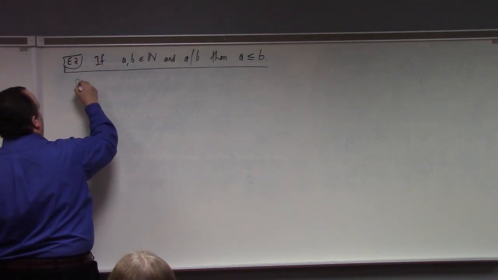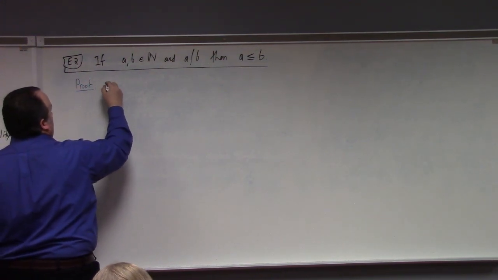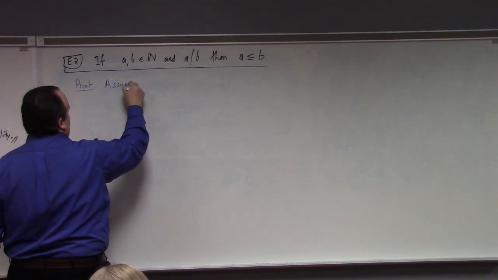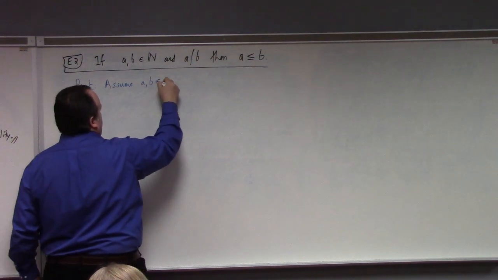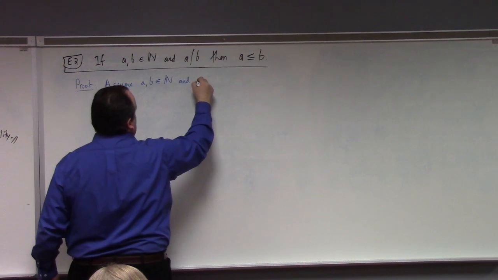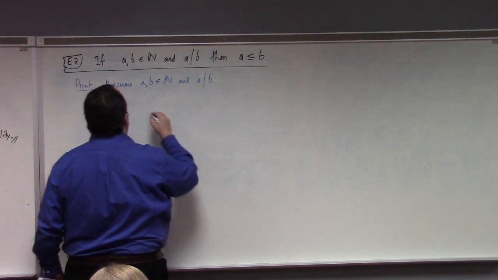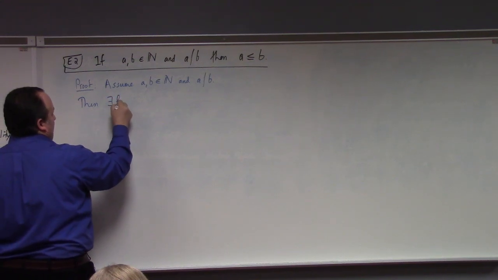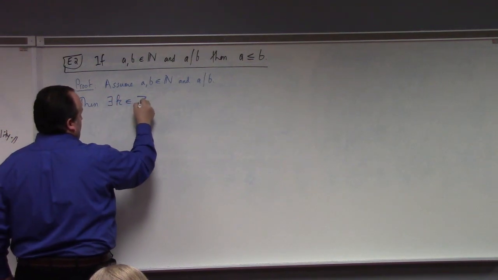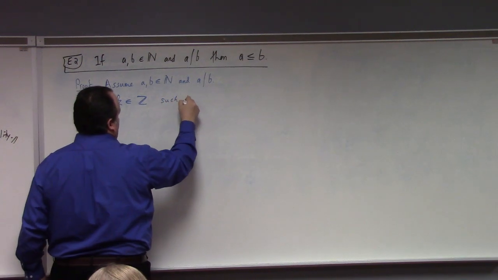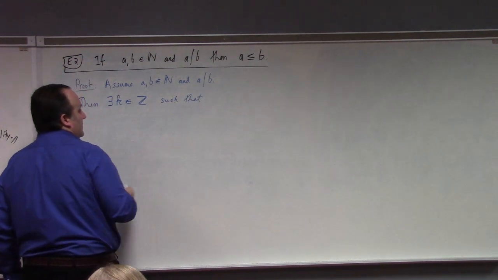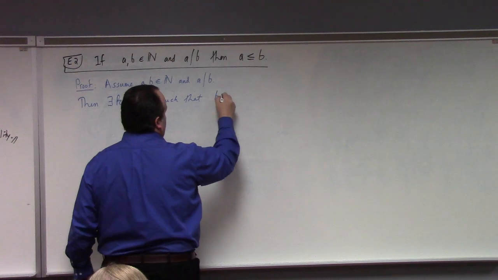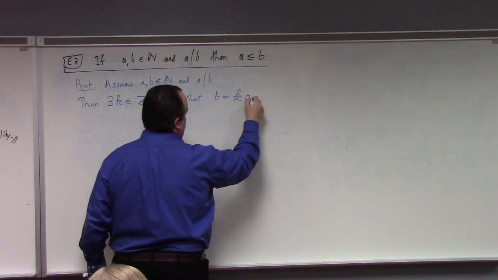The proof looks like this. We assume a and b are natural numbers, and a divides b. Then there exists, let's say, k in the integers such that b is equal to k times a.